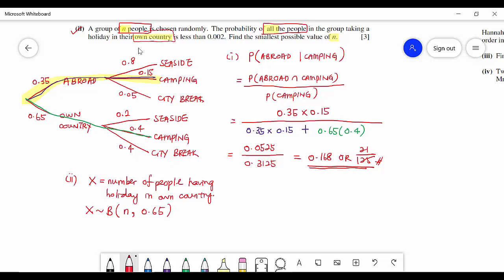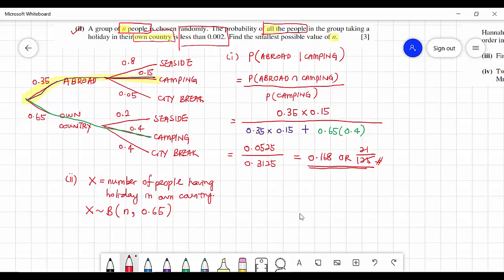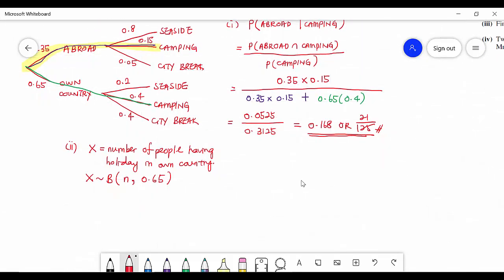To find out the n, you need the information from the question. You can see this is the information: less than 0.002, all people in the group taking a holiday in their own country. If you write it out, it becomes: when x, the number of people taking holiday, equals n, all means n, and the probability is less than 0.002.